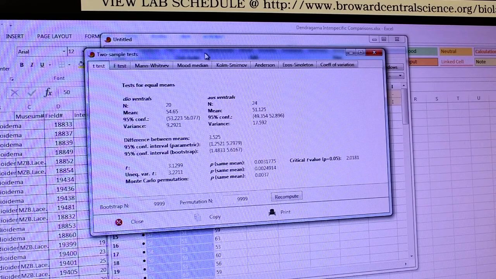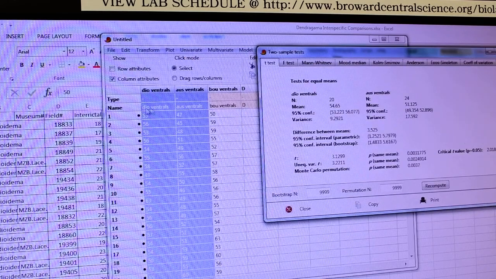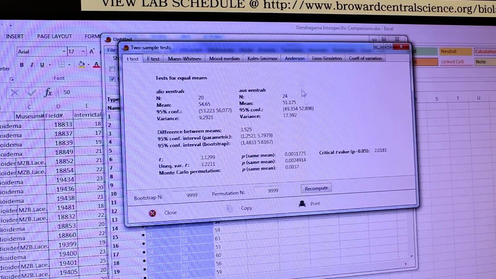If we only compared 2 of them, like what if we were only interested in Diadema and Australis and Diadema versus Boulangerie? In other words, the one we didn't do was Australis and Boulangerie. If we only made 2 comparisons, then we would multiply probabilities by 2 instead of 3.